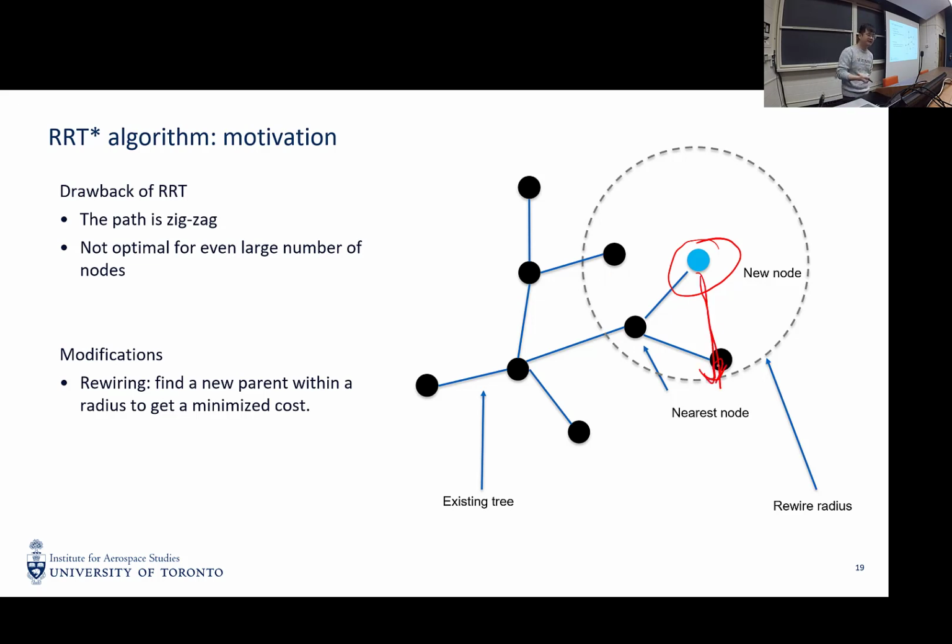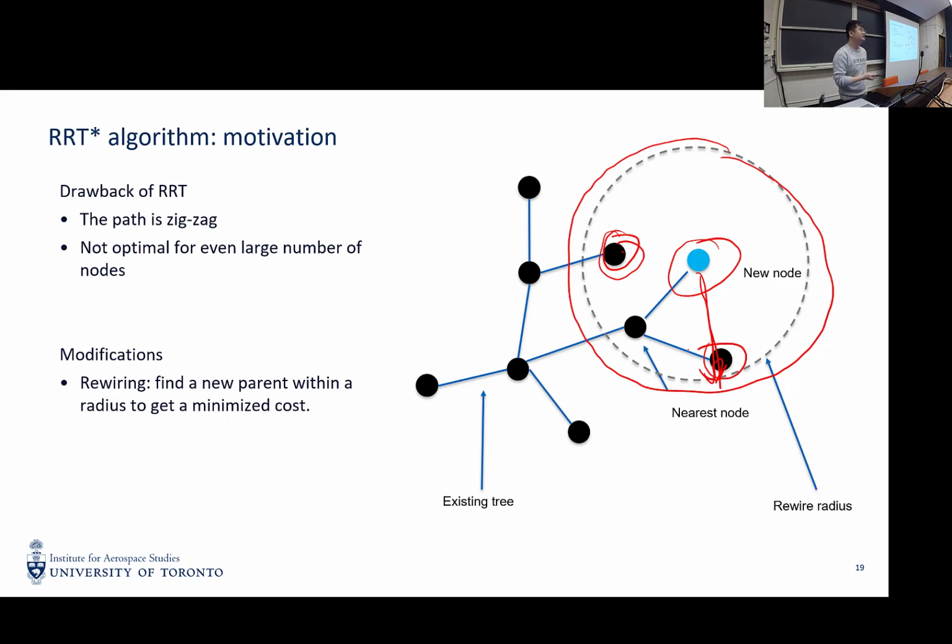You select a radius parameter and generate a circle around the newly generated node. Then you iterate over all the nodes of the tree and determine which nodes lie within this circle. For example, in this case, this one and this one lie within the circle.